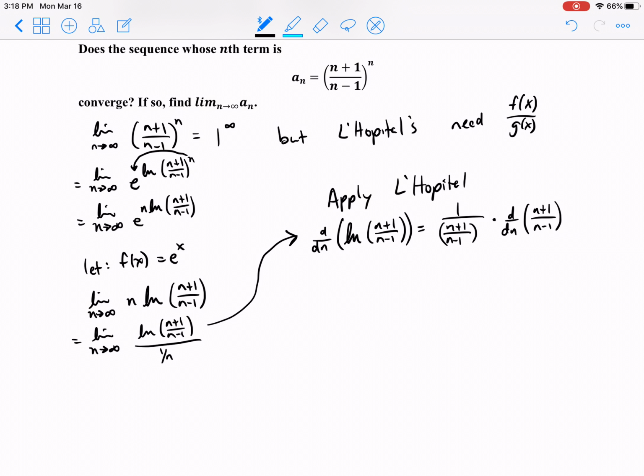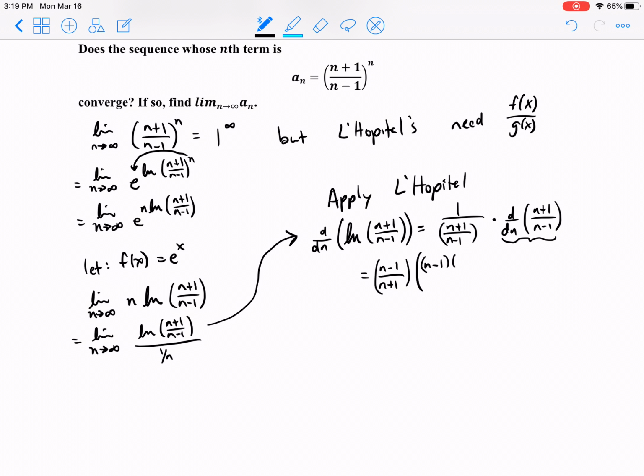That's going to require us to do, well, you can either make it a multiplication and do the product rule, or, if you remember it, you can go ahead and do the quotient rule. So I'm going to just do quotient here. And so the derivative of this part over here ends up being n minus 1, right?